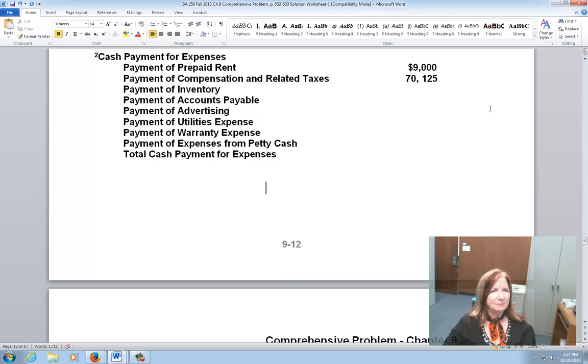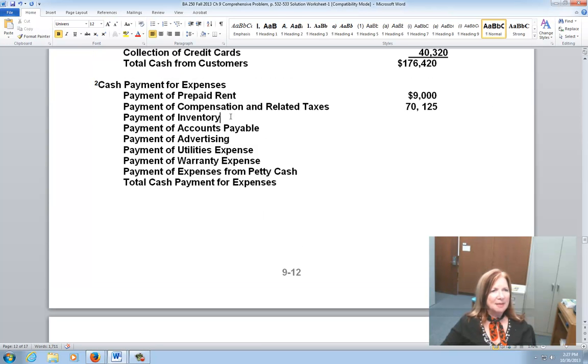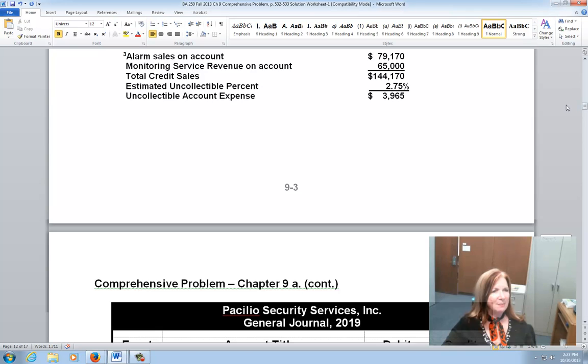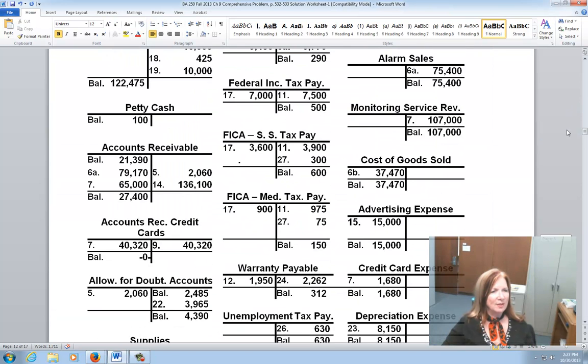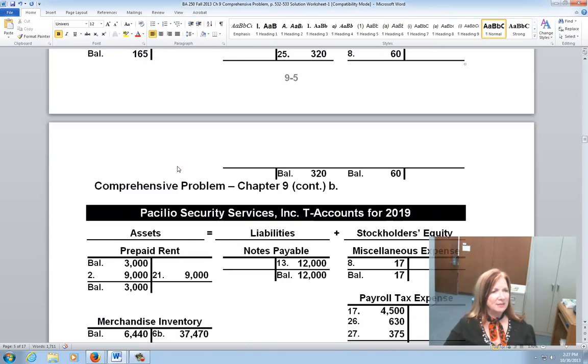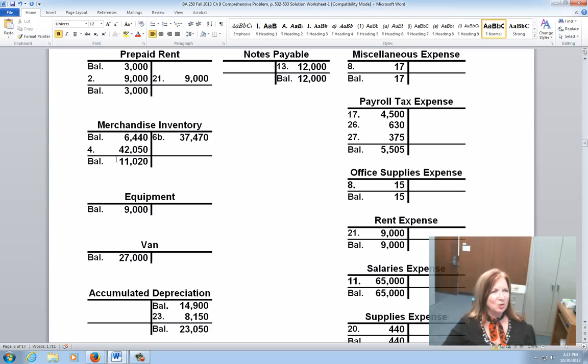Now then, here we have the inventory, and it's saying payment of inventory. So I want to go up and look at the inventory. Remember, I'm looking for the payment of the inventory, so the inventory that went down. So here's supplies, prepaid rent, here's merchandise inventory, and so payment of inventory would have been this debit over here where we acquired some more inventory.